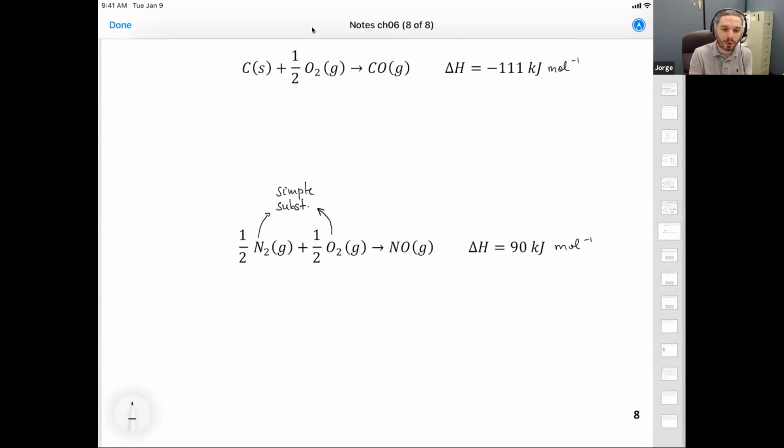What is the importance of finding the simple substance? Well, the simple substances, by definition, have energy equal to 0. Okay? Therefore, all the reagents here, the energy level for them is 0 because they are simple substances.